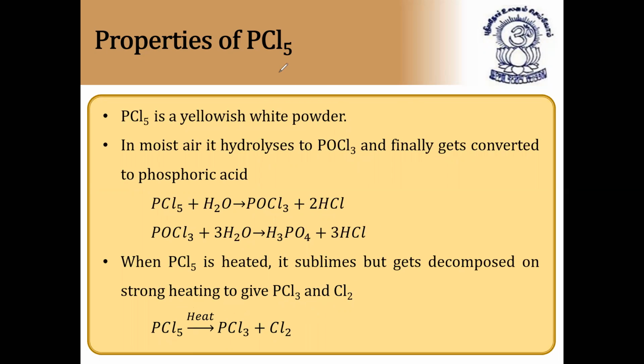It is not a disproportionation reaction. So PCl5 on strong heating gives phosphorus trichloride along with chlorine gas. When PCl5 is heated, it sublimes, but gets decomposed on strong heating to give PCl3 and Cl2. I hope it is clear.